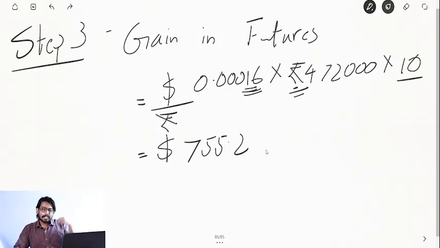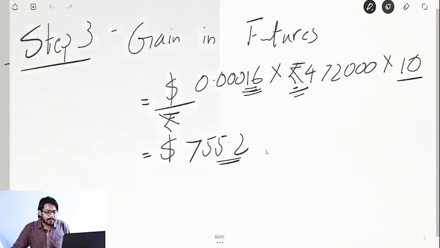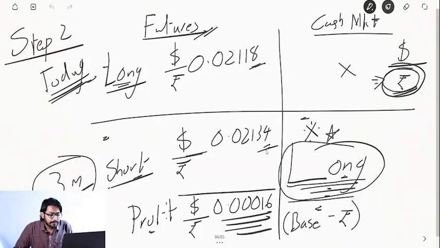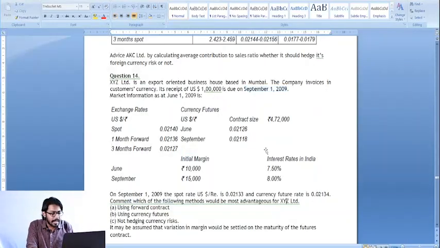Okay, you are XYZ based in Mumbai. You want the final answer in rupee. So this $755 you have to convert to rupee. See, on the last date, on the date of maturity, after 3 months, you are getting the gain. $755 you got. What will you do with the $755? You can convert it at that day's spot rate. What is that day's spot rate?